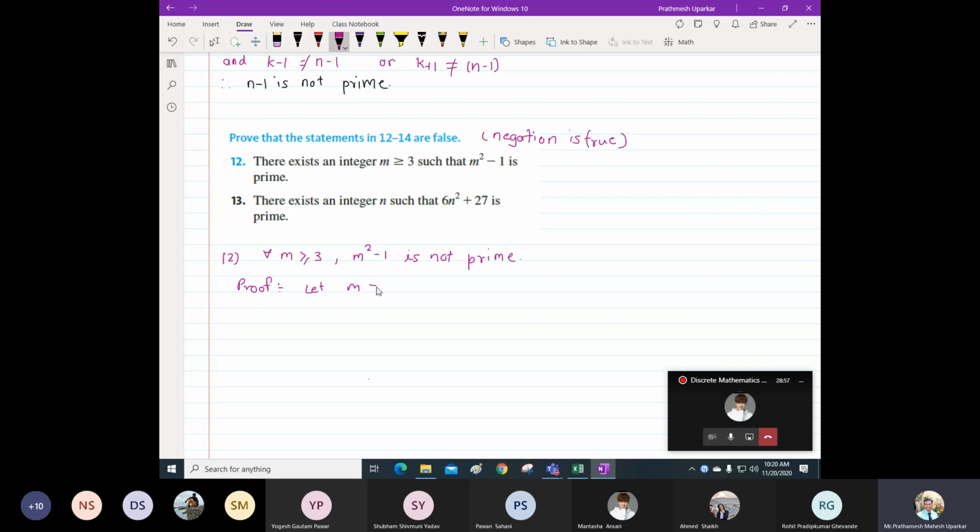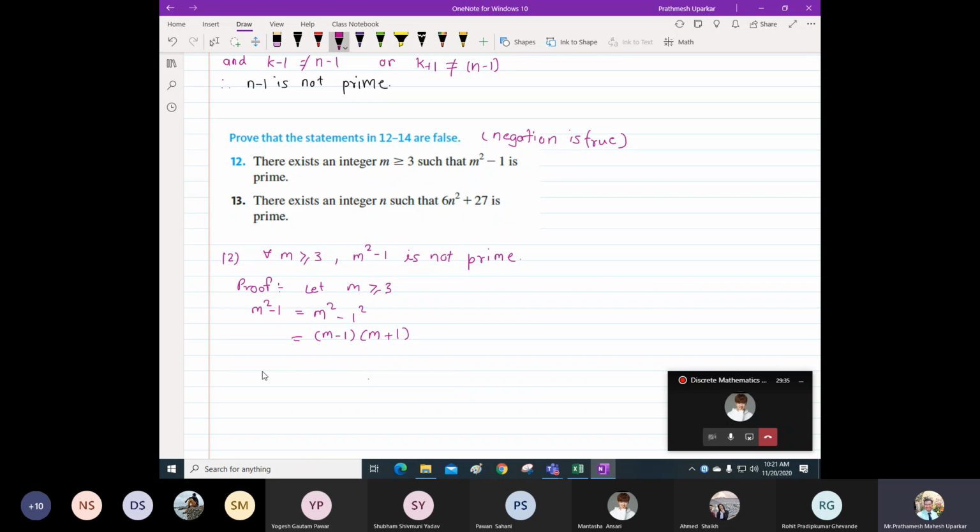Let m be greater than or equal to 3. Then what is m square minus 1? Factorize it. प्राइम या कंपोजिट पूछा ना तो उसका फैक्टराइजेशन करना है आपको. So what is the factorization? अभी हमने किया था, it is m square minus 1 square. What is this a square minus b square? You have told me it is a minus b into a plus b.